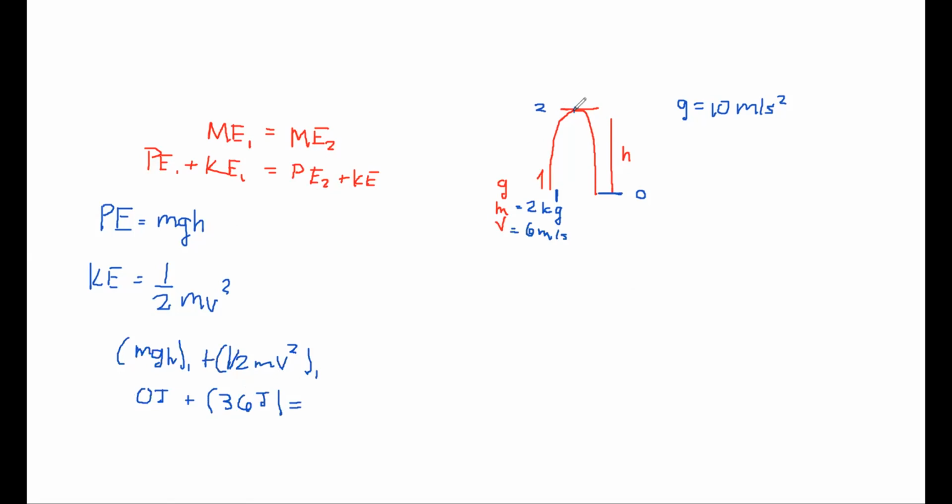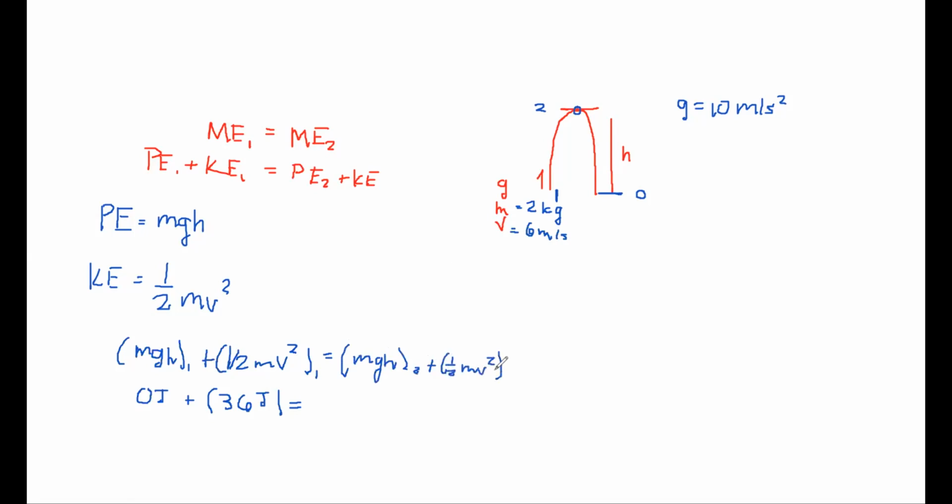At the peak of a parabola in this motion, what is the velocity right there as it turns around? 0. That is the instant where it stops. This is the instant where velocity is equal to 0. If that is the case, then we'll have this equal to mgh2 plus 1/2 mv squared 2.